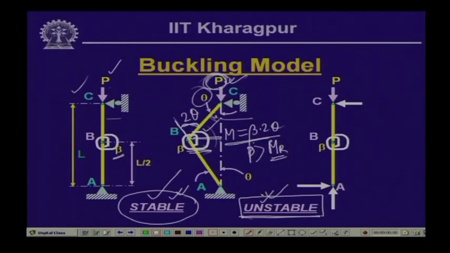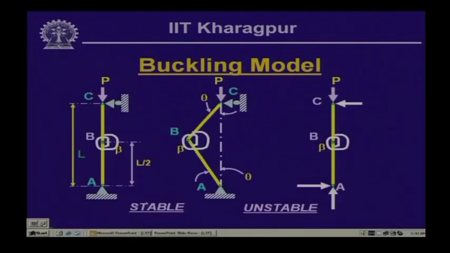Now, if we like to analyze what the critical buckling load will be for this particular model, we take the free body diagram of the whole member. If we call this horizontal force H, and take the moment of all the forces with respect to A, we see that H is going to be equal to 0.